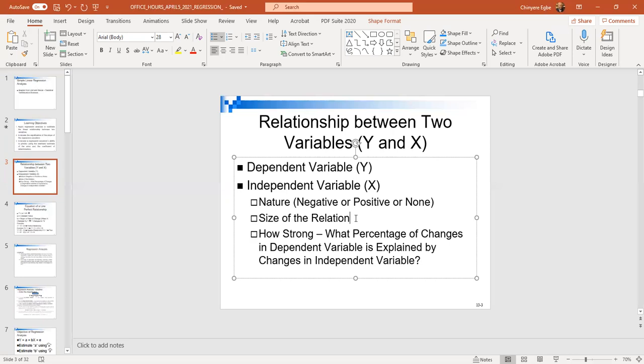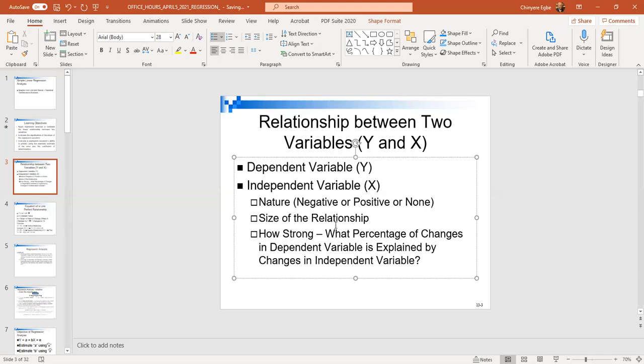The next thing that we need to look at is the size of the relationship. For example, when you get your bill, you find that after you pay the constant amount, maybe $20, then for every 1 kilowatt hour, your bill goes up by 15 cents.